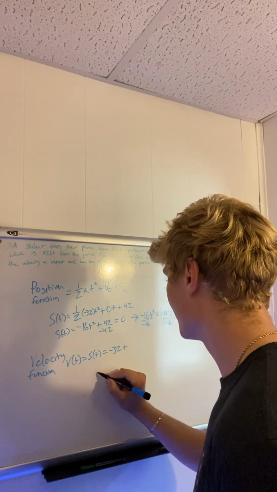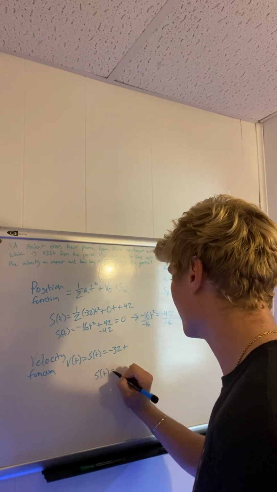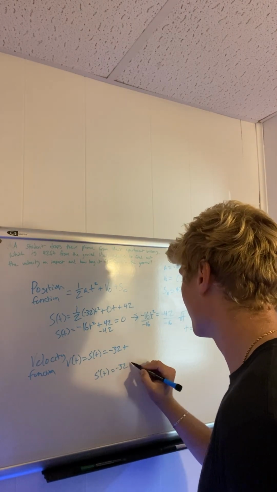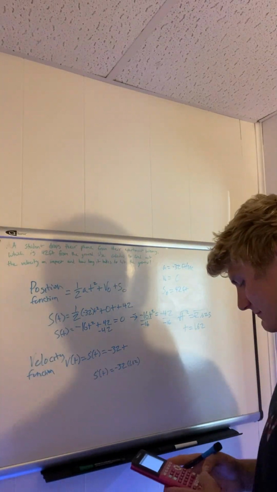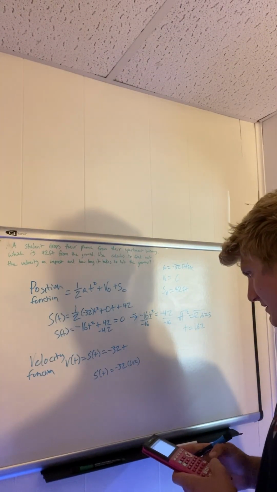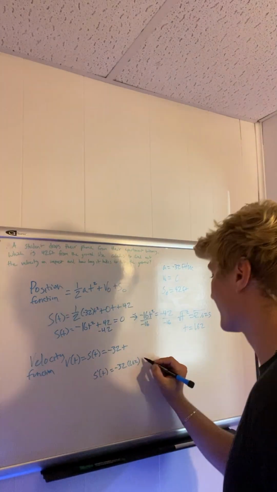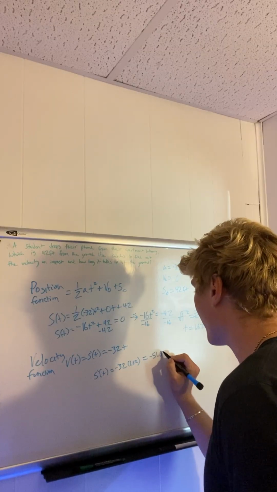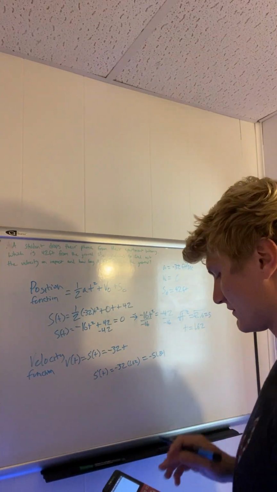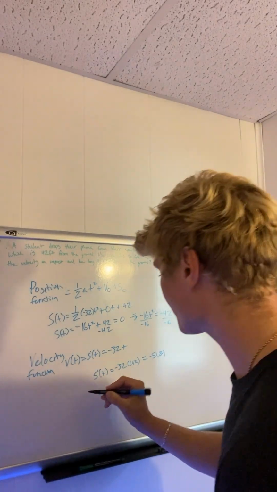So we get V of t equals negative 32 times our 1.62. We are left with negative 51.84. So these are our two answers we need.